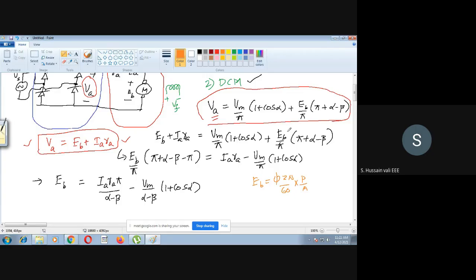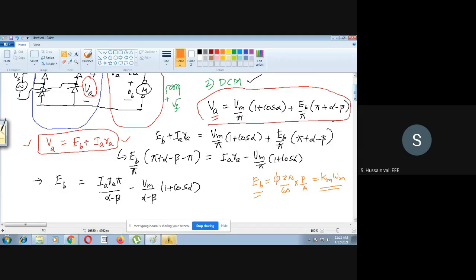So if the flux phi is constant, then we have some advantages, and also some simplifications. The simplification we got that day is EB is equal to Km into omega m. I want you to recall this equation. We have done this already.